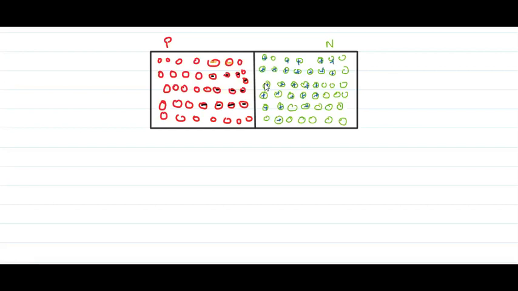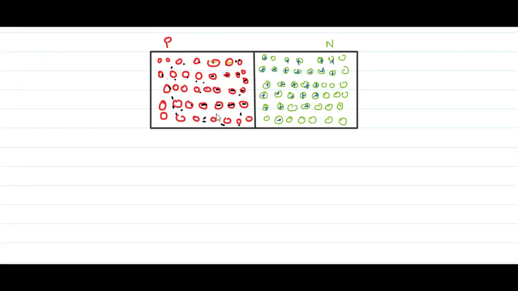Now, when we talk about p-type, we have lots and lots of holes, because the electron is accepted by the dopant. I'll draw holes as dots. So these dots are holes.